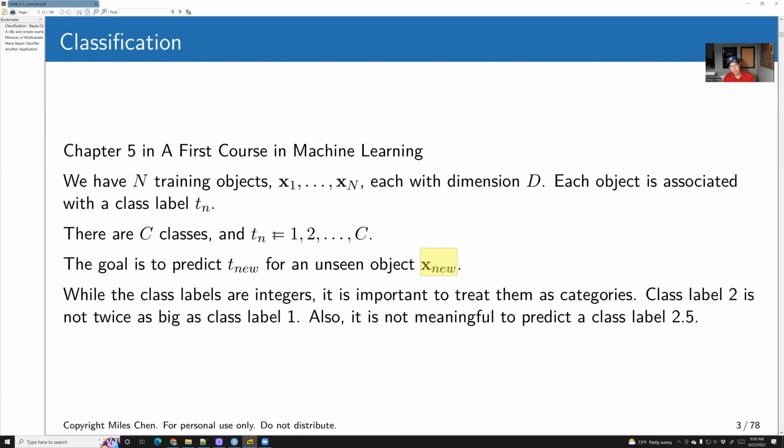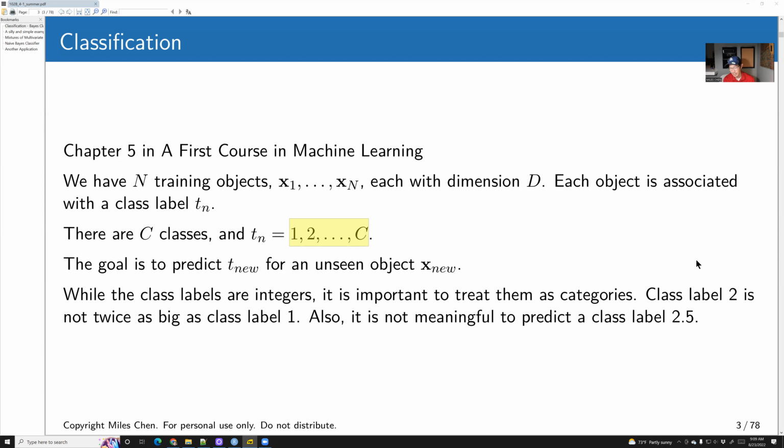One thing to note is that we are using integers, using numbers to label our classes, but we have to treat them as categories. Okay, so we might call Setosa class 1 and Versicolor class 2, or Virginica class 2 and Versicolor class 3 or something, but class 2 is not twice as big as class 1, right?